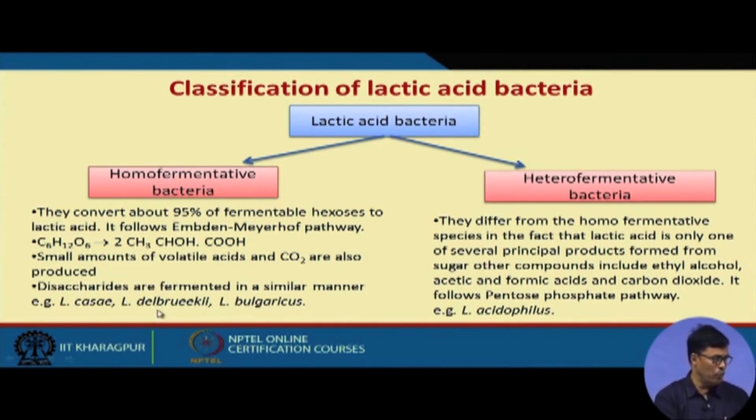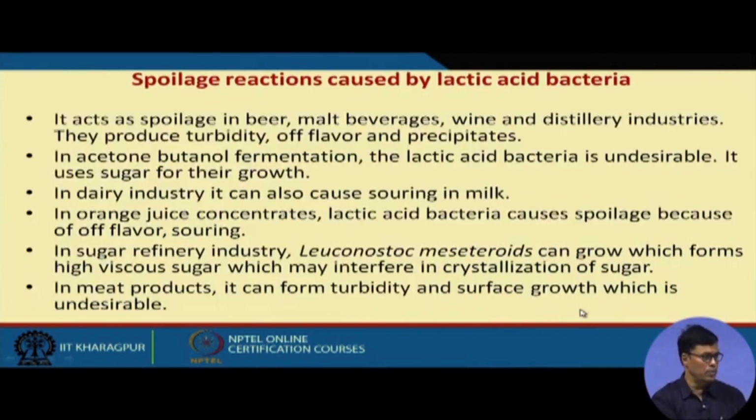In large scale application, mostly we use either Lactobacillus delbrueckii or Lactobacillus bulgaricus. The heterofermentative process differs from the homofermentative process in the fact that it produces ethanol, acetic acid, formic acid and carbon dioxide. It follows the pentose phosphate pathway, and the organism used is Lactobacillus acidophilus.